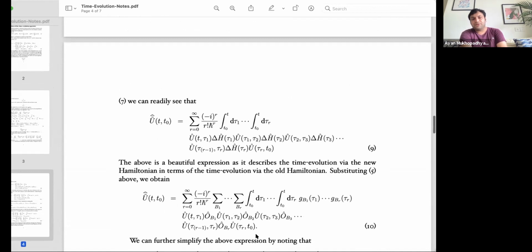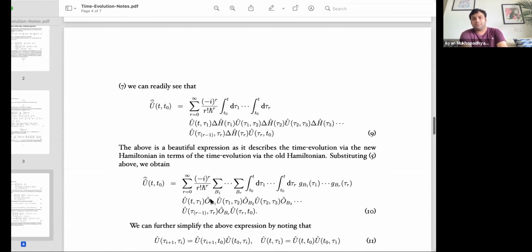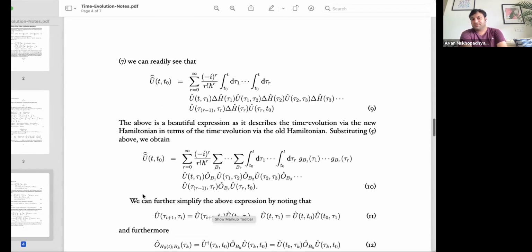So now you see, you get a beautiful relation that this time evolution using H is essentially the time evolution using H naught, but then these operators are inserted in between, and there's an overall factorial r because there is a possibility of this overall factorial, because you can interchange them, and then you have these different insertions in between. So it's a beautiful thing actually, you see.